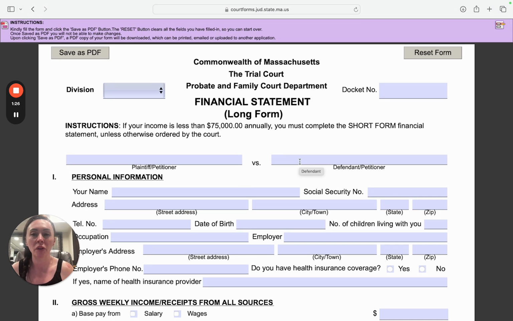So when you're filling this out, what you really need to have handy are a couple of things. The first thing is you're going to need your W-2 from the prior year if you have a job. If you are self-employed and you have 1099s, you're going to need those 1099s.